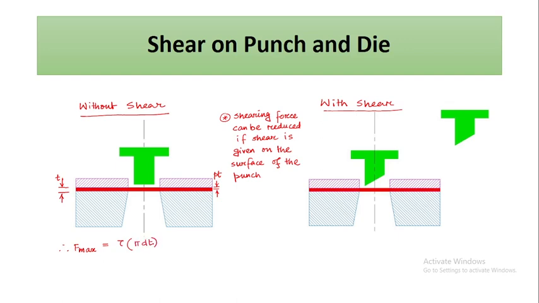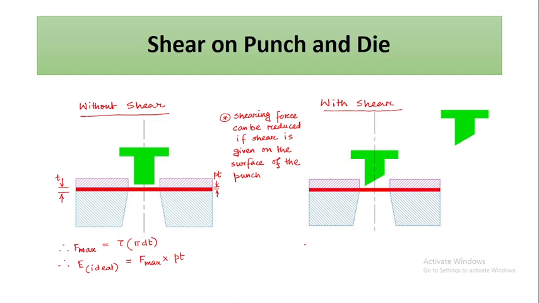So the ideal energy required can be written as the maximum force required into the punch travel, that is P into T. We can find out the ideal energy required when there is no shear on the punch.